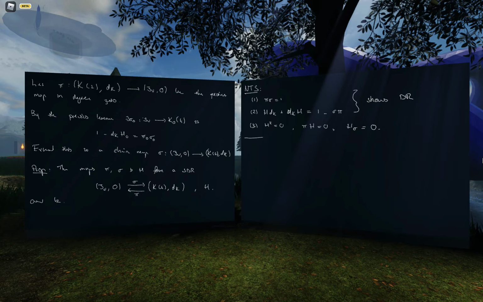Okay. So for 1, away from degree 0, there's nothing to prove. So in degree 0, we can represent any element of JV by something that looks like that, where F is in KY.